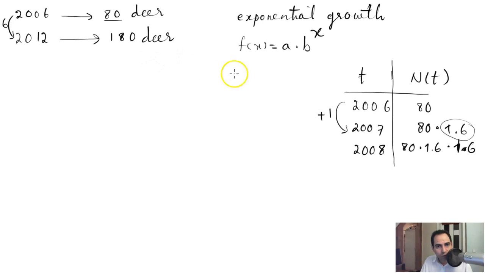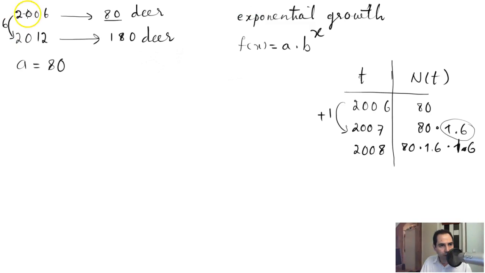So what I can do here: I know that my a is equal to 80, and I have basically one piece of information that I can use.